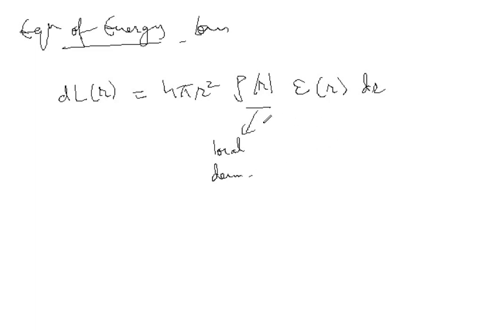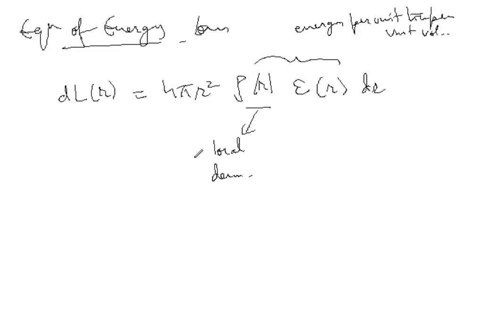And this term rho(r) into epsilon(r) represents energy per unit time per unit volume generated at radius r.